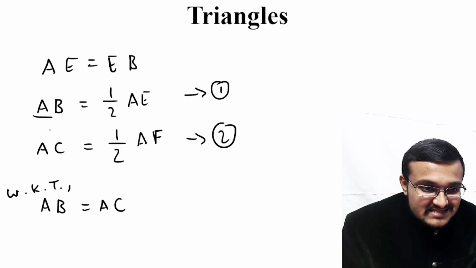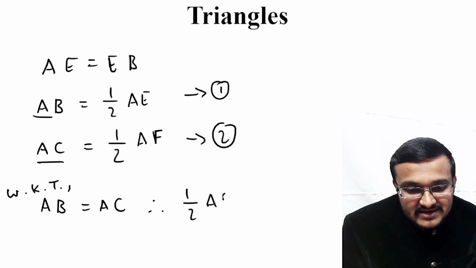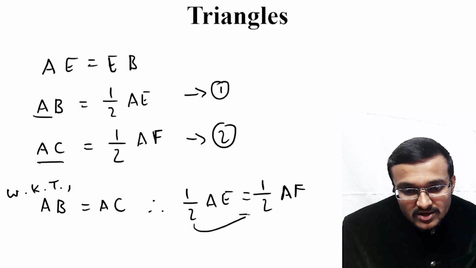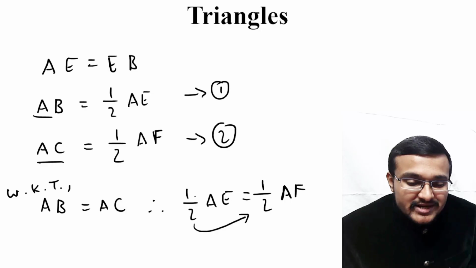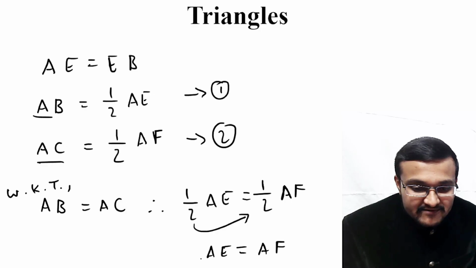So that means LHS are equal to each other, therefore half AE will be equal to half AF. Remove this 1 by 2, because if you bring this 1 by 2 to RHS, it will become 2 by 1, and 2 by 1 into 1 by 2, the 2 gets cancelled. So AE will be equal to AF.